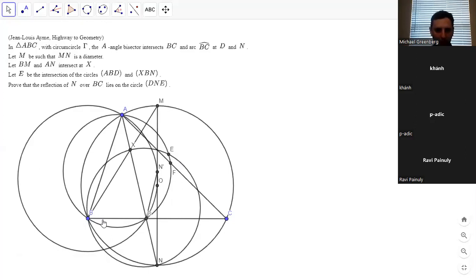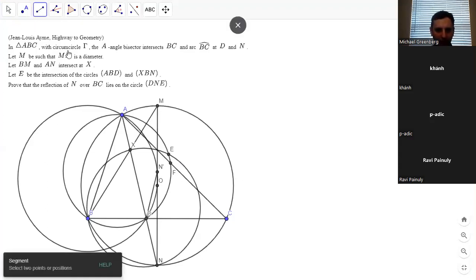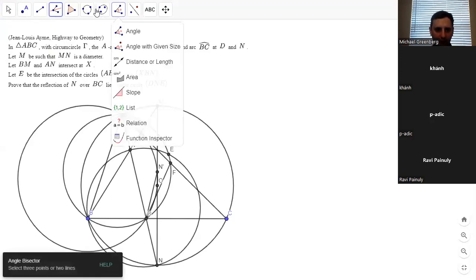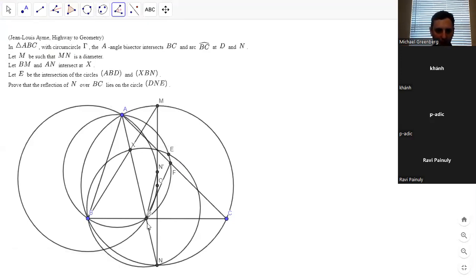I wonder if BDN prime is congruent to NDF, because two of the sides are the same length, and maybe you could angle chase the others. So let's see, if I look at angles here, what's angle BDN prime? You have to do it counterclockwise. I always forget that. So this is 103 degrees.